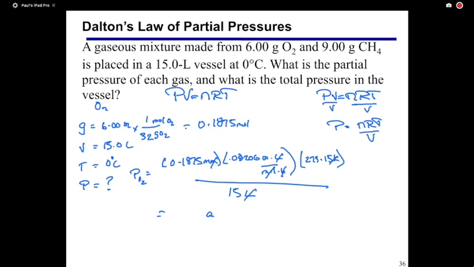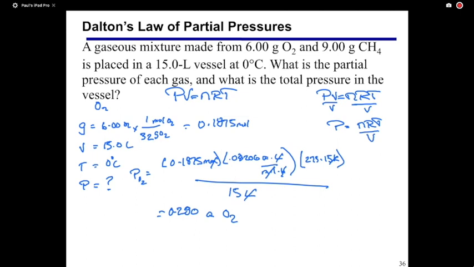Okay. And that times 0.08206 times 273.15 divided by 15, I get 0.280 atmospheres of oxygen. So I'm done, right? No. What have I left out?